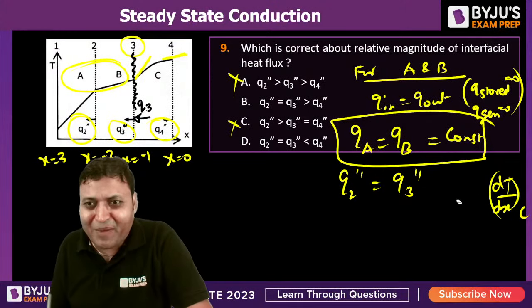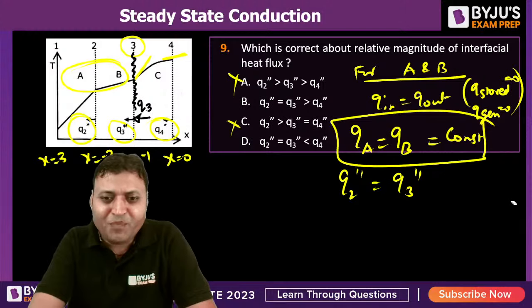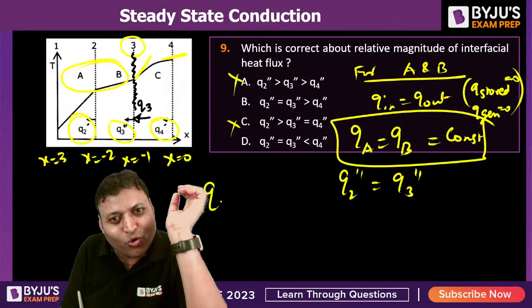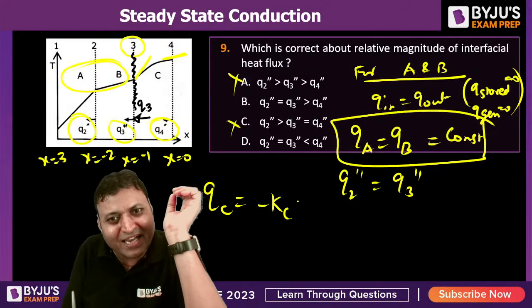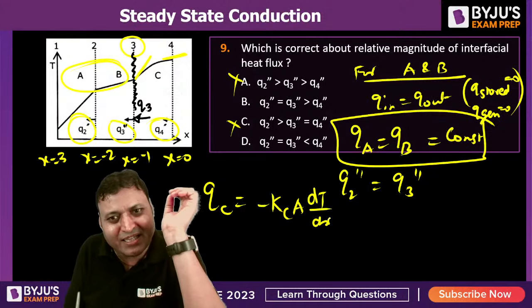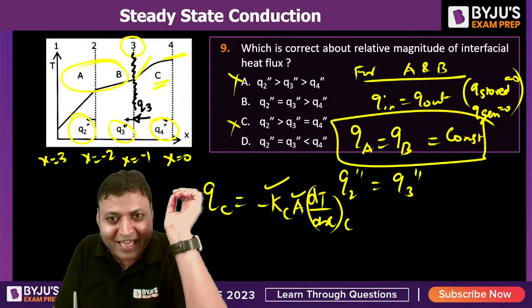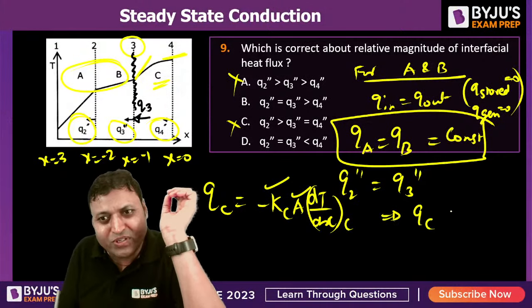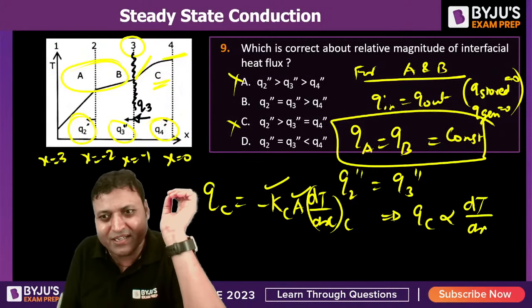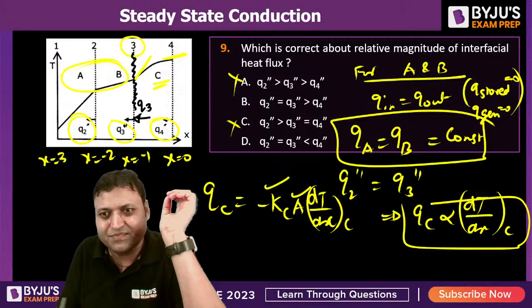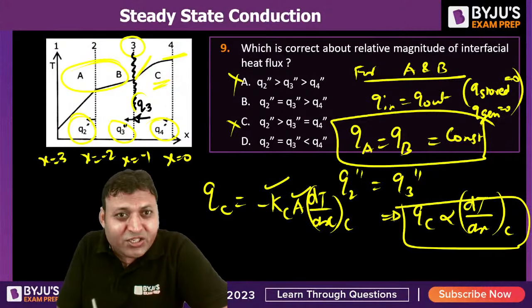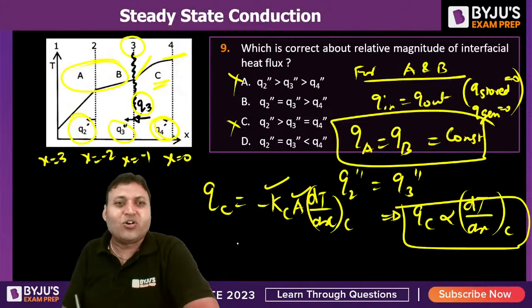If we observe the material C, so Q in C is equal to minus Kc into A into dt by dx in the material C, isn't it? Thermal conductivity in material C is constant, area is constant. So we can say QC is proportional to dt by dx in material C. And Q3 is also in material C and Q4 double dash is also in material C.